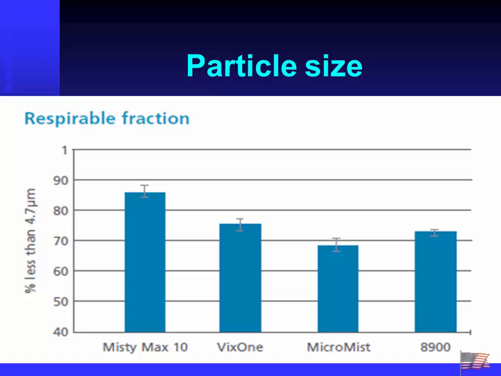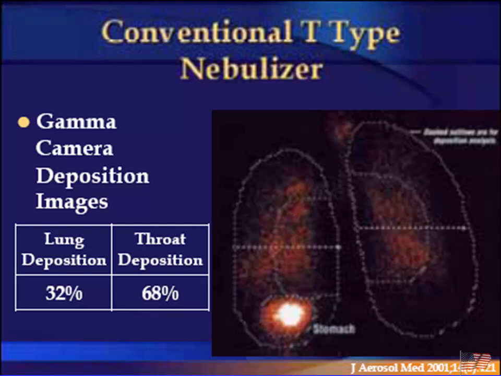And again, these are just looking at particle size, what percent are less than 4.7 microns, and you can see there's a big difference between brands. This is just looking at a scan. You can see there's very minimal deposition. There's probably more deposition into the stomach and throat, or it's just swallowed.